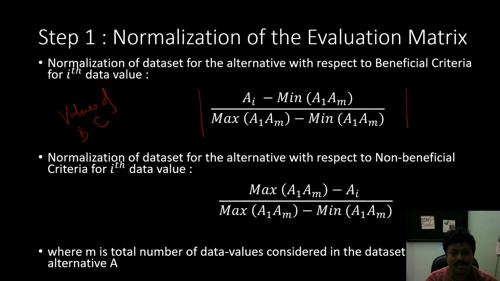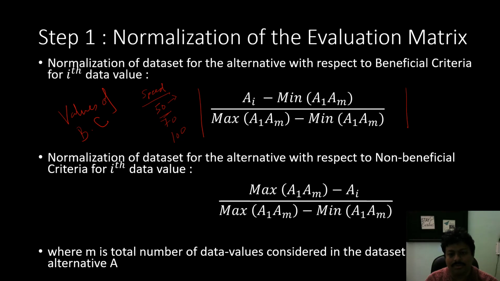Suppose in case of speed, the values are like this: 50, 70, 100. As speed is the beneficial criteria, how will we find the normalized value of this number?